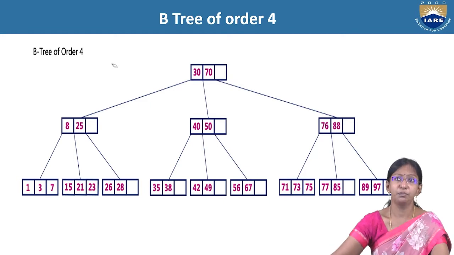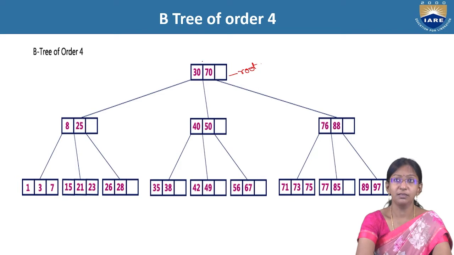Have a look at this picture and try to understand it, guys. The root node has 2 keys right now, and at most it can have 3 keys, and it has 3 children right now.